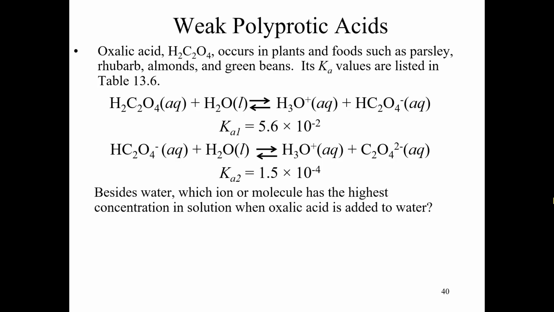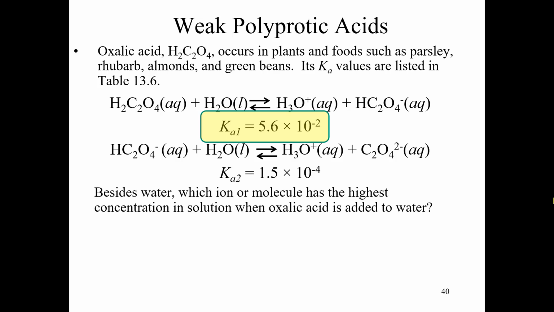Okay, let's see what our thought process should be. Notice, the first ionization constant of this acid is a small number. It's less than 1. In other words, this is a weak acid. Because of that, you expect that at the first ionization step, most of the acid remains unionized.